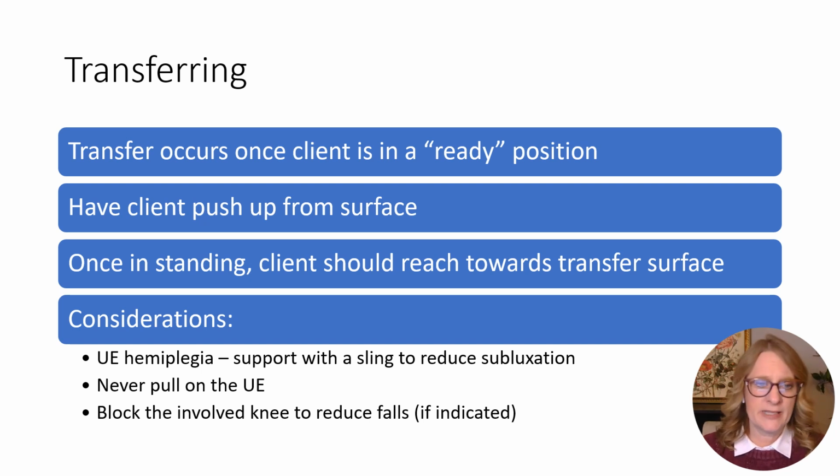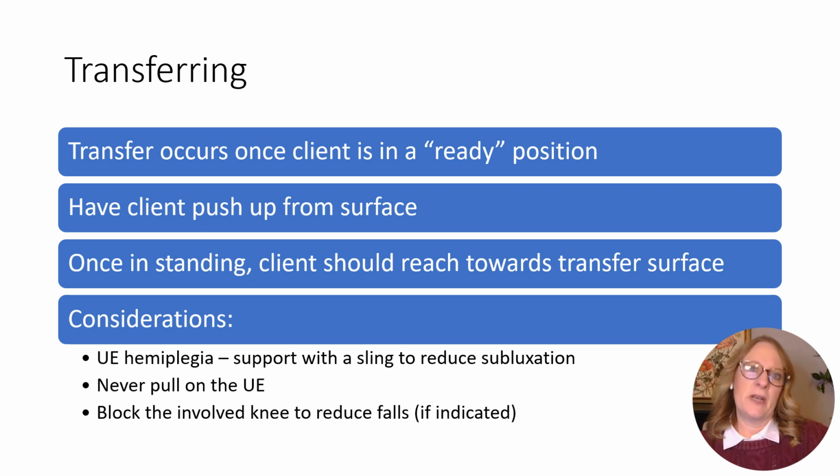And just some considerations, you are going to support the upper extremity that's affected with a sling only for the transfer. If there's a subluxation, you can also support that arm because really what we're trying to do is prevent gravity from continuing to pull that humeral head down.